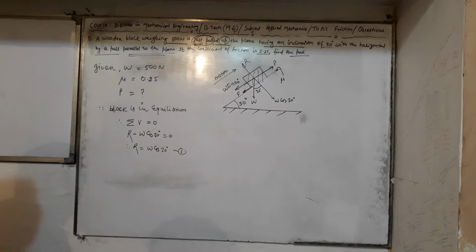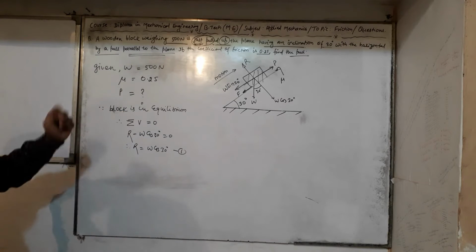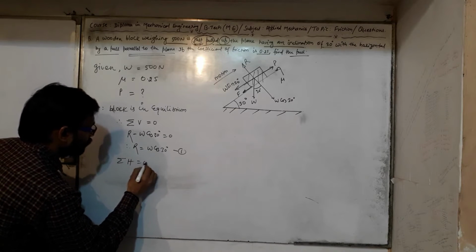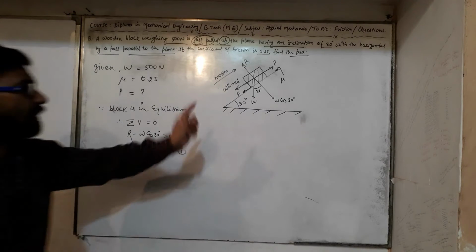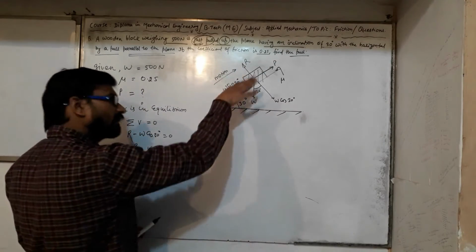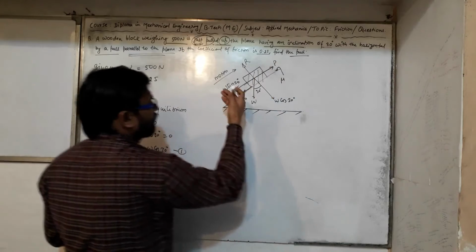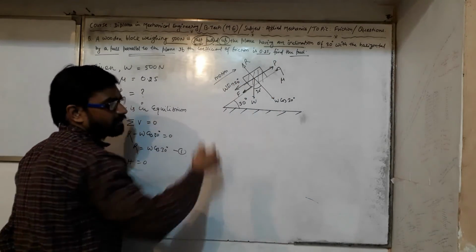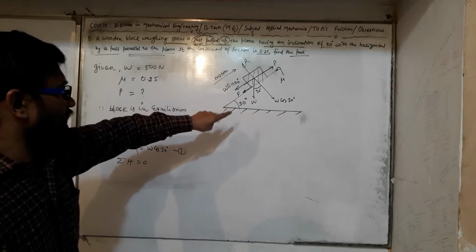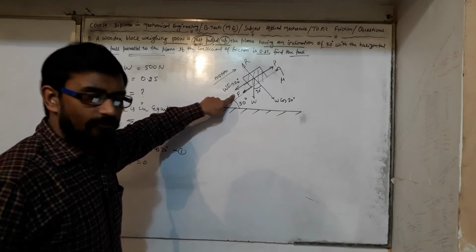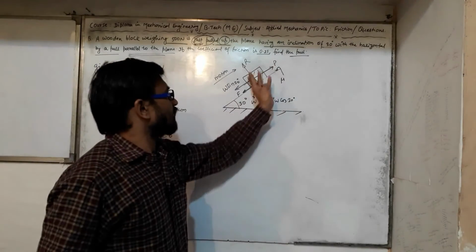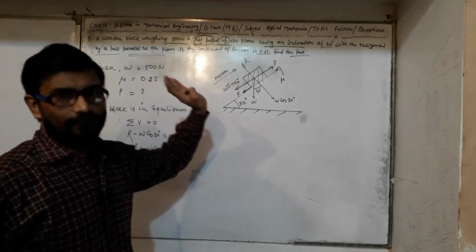Also, since the block is in equilibrium, the horizontal force would also equal 0. There are three forces acting along the inclined plane, parallel to the plane. One is P, another is W sin 30 degree, another is F. According to the diagram, the frictional force F and W sin theta act in this direction, and P acts opposite to these two forces.